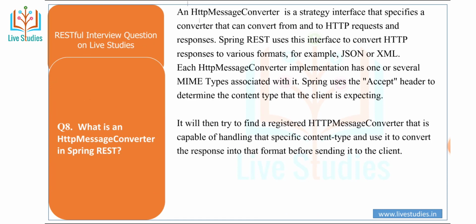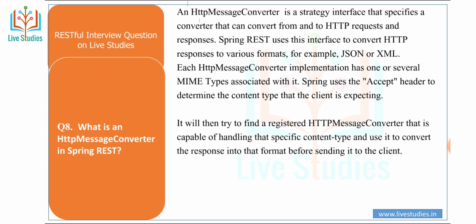Another question is what is an HTTP message converter in Spring REST? An HTTP message converter is a strategy interface that specifies a converter that can convert from and to HTTP requests and responses.